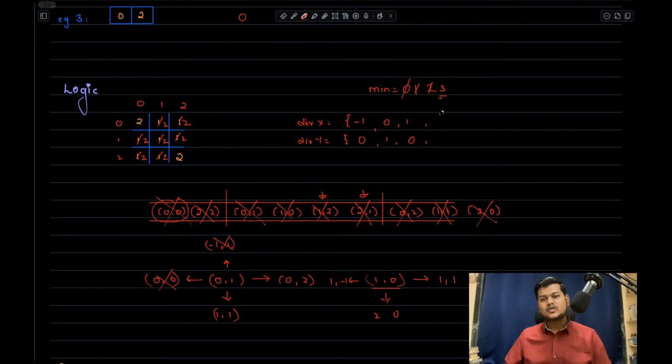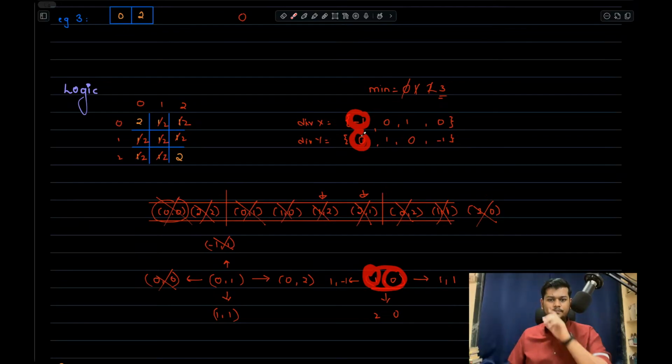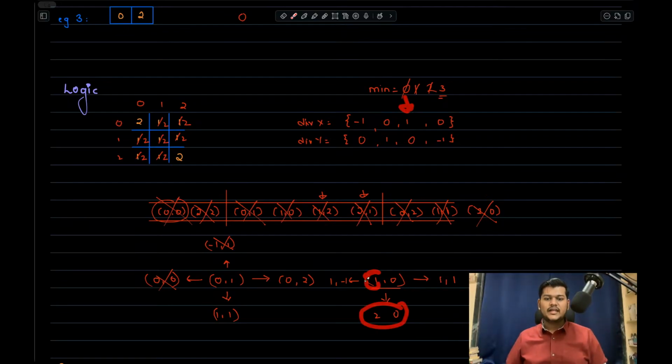So you will have 0 and -1. Basically, you will have these indices and add them to the current ones: the row will be added with this, and the column index with that. So if I want to find the downward cell, I take 1 and add it with this, so you get 2. Take this and add it with this, and you get 0, which is this. So these are the 3 points that I would like to tell you.